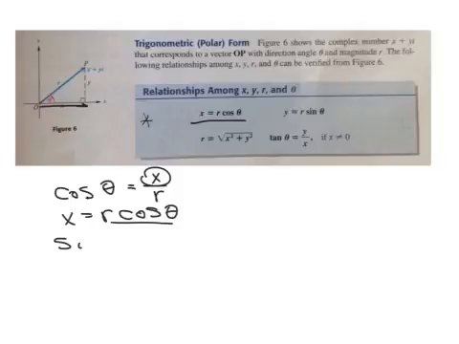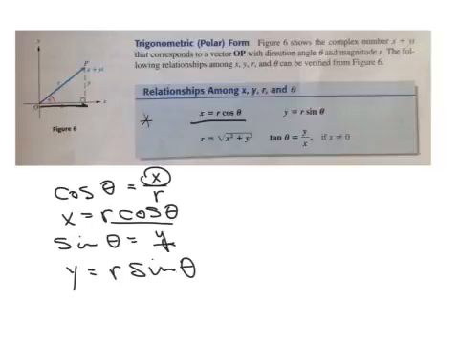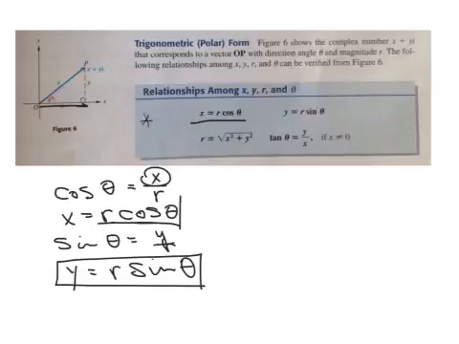If we want to find the sine of theta, that is going to be opposite over hypotenuse. Or if we wanted to find out what y is, that's going to be the hypotenuse or the radius or the magnitude times sine of theta. So we've got this to find y and this to find x, depending on what we're given.